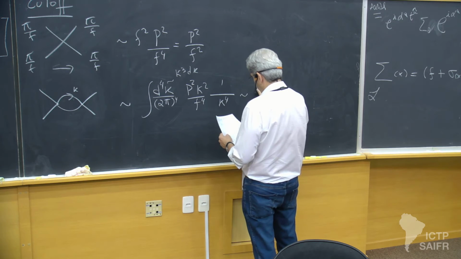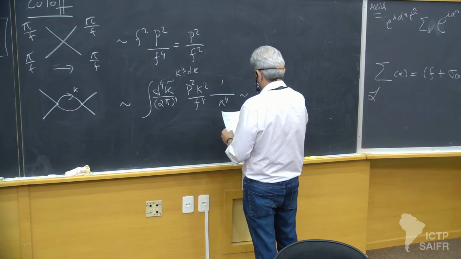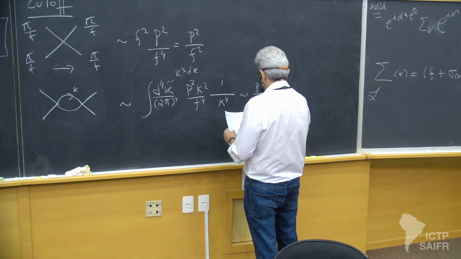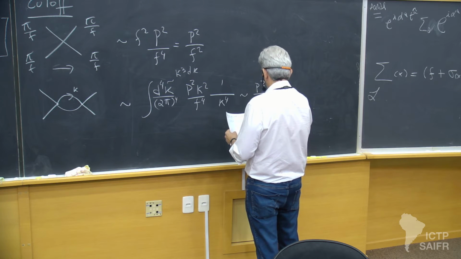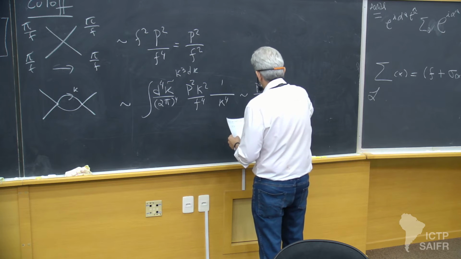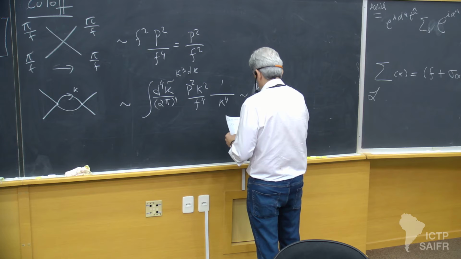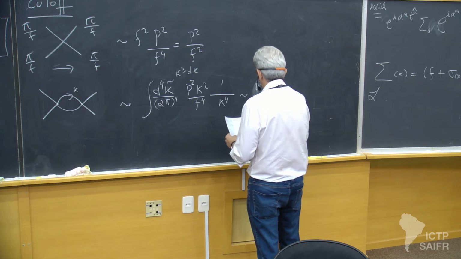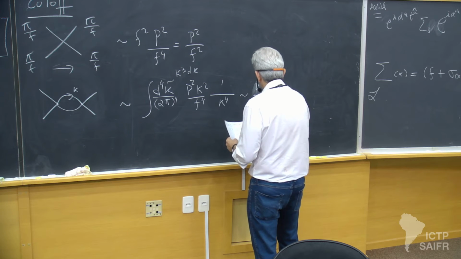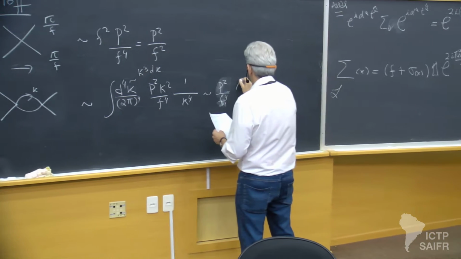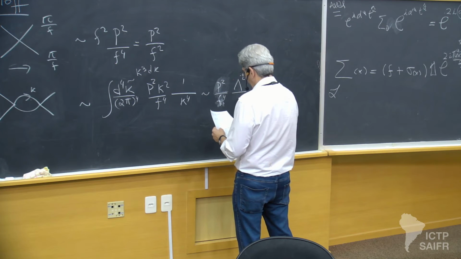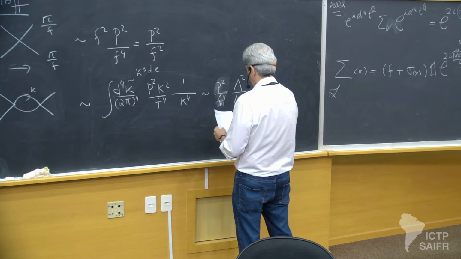And so it goes like p squared divided by f to the 4th, times the cutoff squared divided by the loop factor, 16 pi squared.